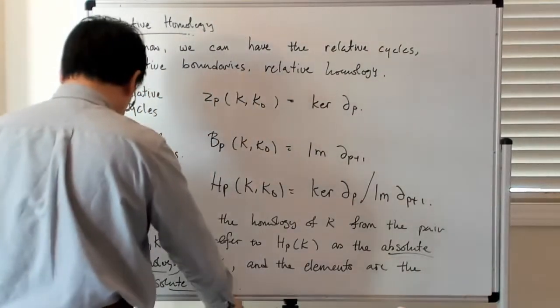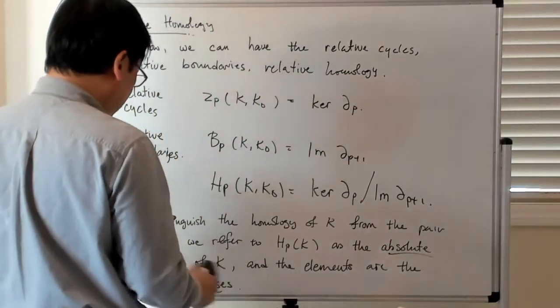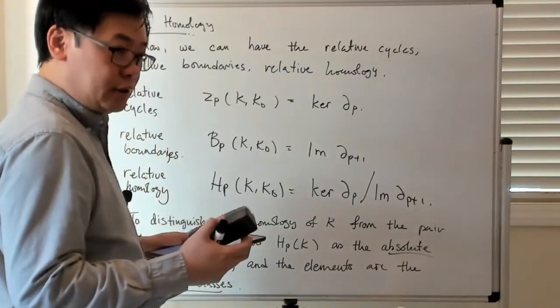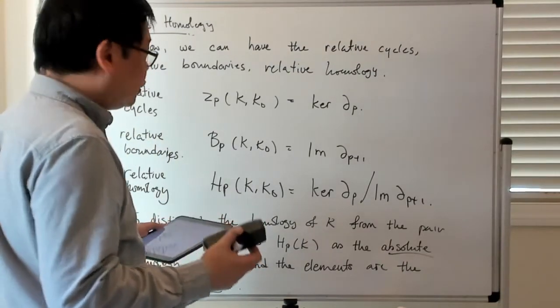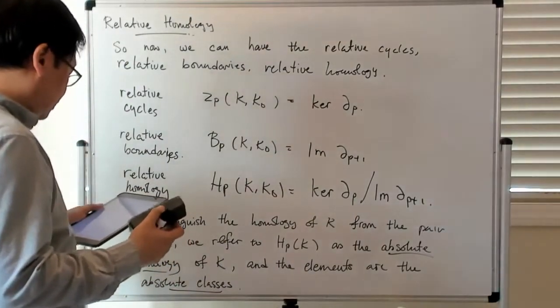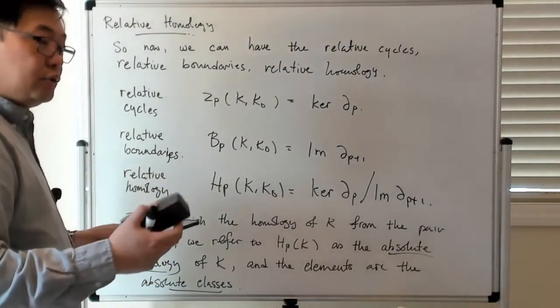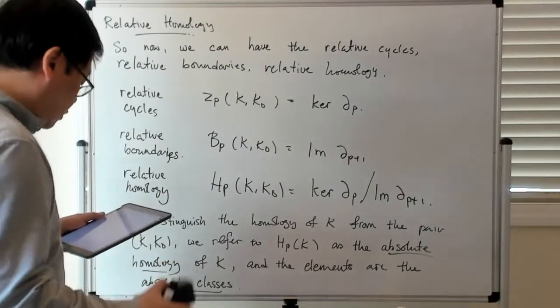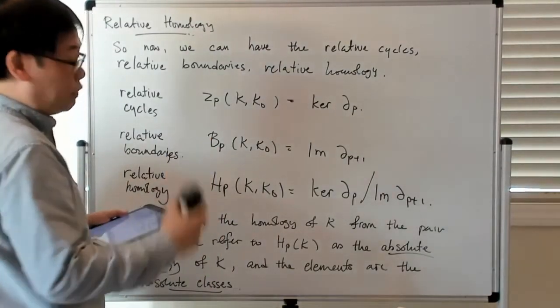Okay, and one other thing is that the same way that continuous maps induce maps at the level of homology, continuous maps between pairs of spaces also induce maps on relative homology.